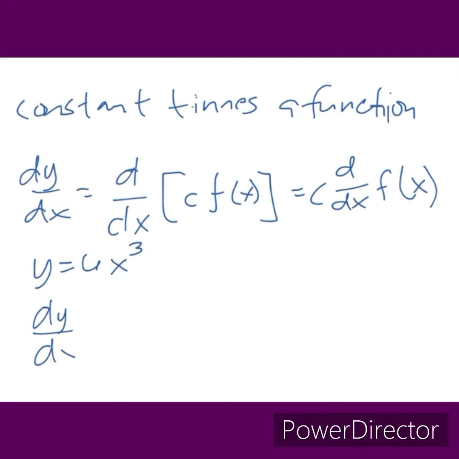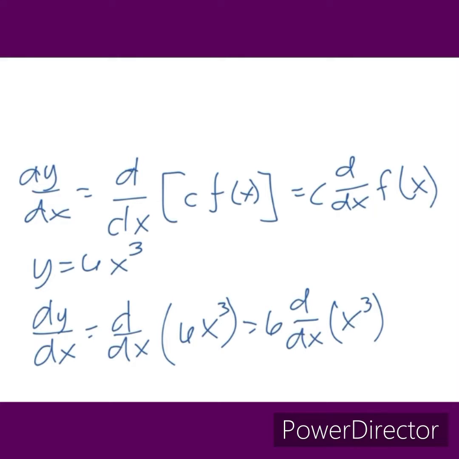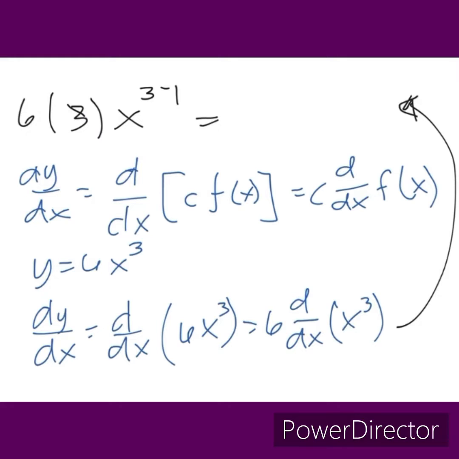So the derivative of y is equal to the derivative of 6x cubed, which is equal to 6 times the derivative of x cubed, which is 6 times 3 times x raised to 3 minus 1, which is equal to 18x squared.